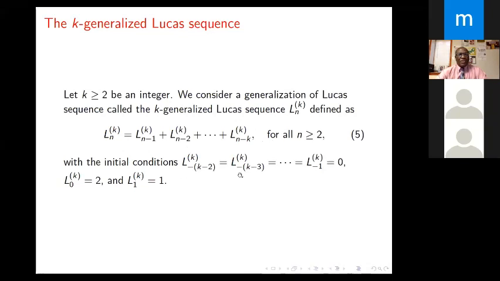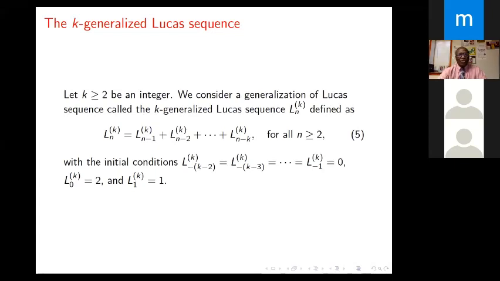We have the initial terms equal to 0 until index negative 1. But for the term 0, we have a 2, and for 1, we have a 1. So that is the difference between the K-generalized Fibonacci sequence and the K-generalized Lucas sequence.